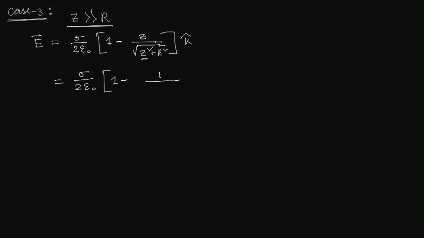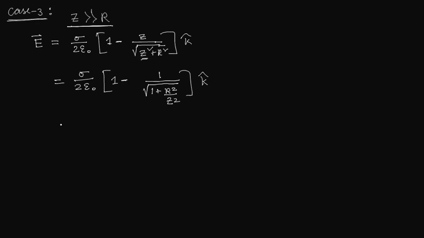So we'll get 1 divided by under root of 1 plus r square divided by z square, into k cap. Now since z is much greater than r, the ratio r square by z square is less than 1. So we can do the binomial expansion.